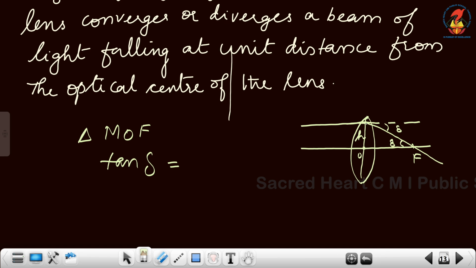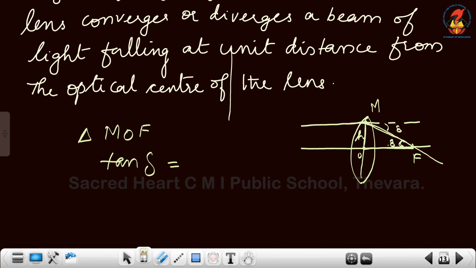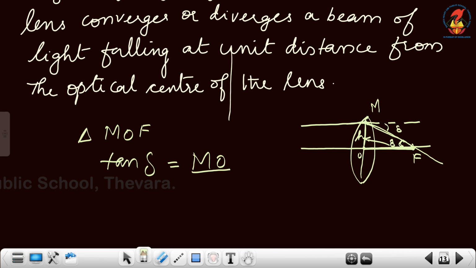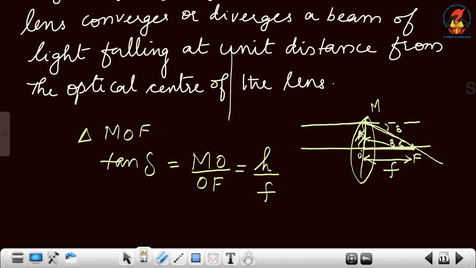This is h and this point is M. So from the triangle MOF, tan delta is opposite side by adjacent side, so tan delta is MO divided by OF. MO is h, and OF, the distance from the optical center to the focus, is the focal length, small f. So h divided by f.